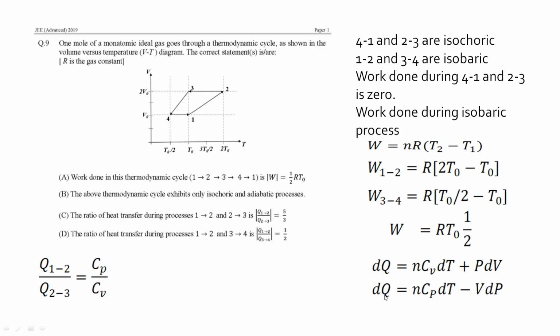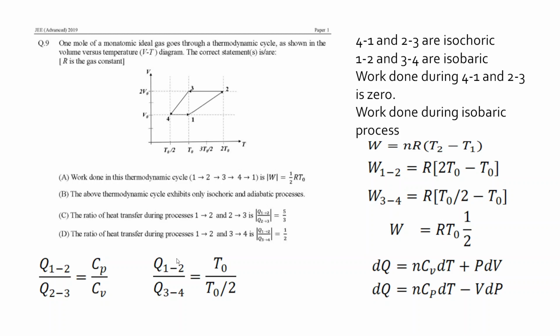So when you take the ratios, n and Cp are constant, so the only thing which changes is the change in temperature. In the process 1 to 2, the change in temperature is T naught, and in the process 3 to 4, the change in temperature is T naught by 2. So the ratio between Q1 2 and Q3 4 is nothing but 2 is to 1, but here it's given 1 by 2, so option D is wrong.